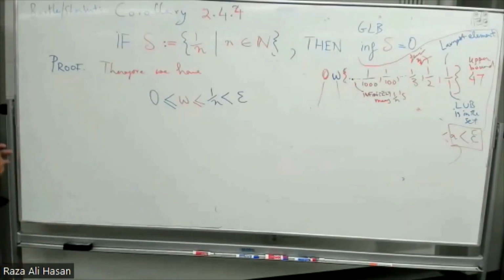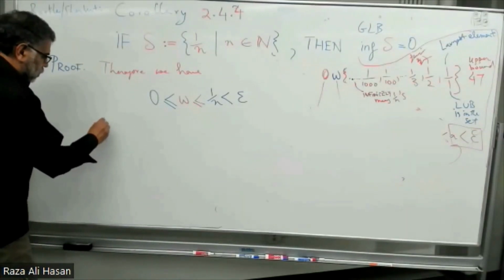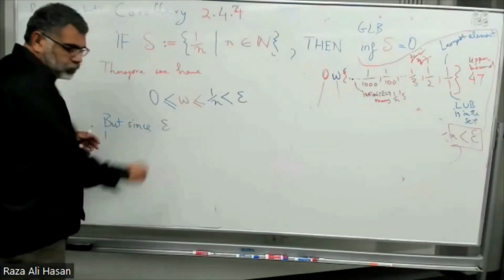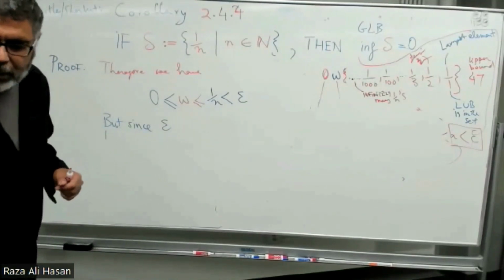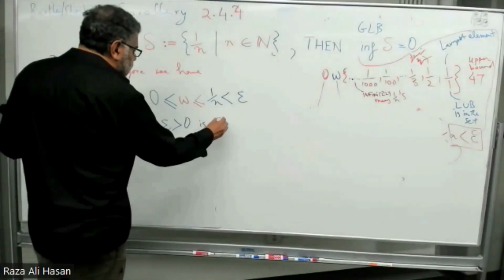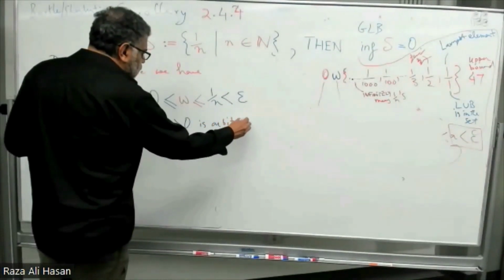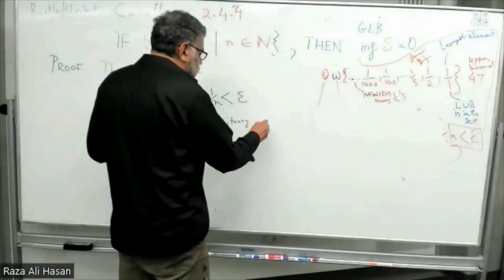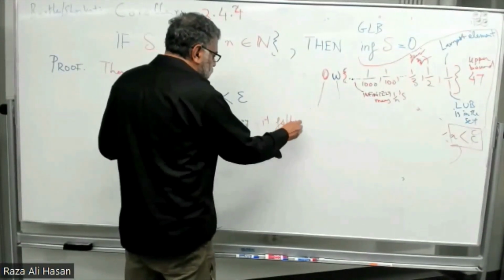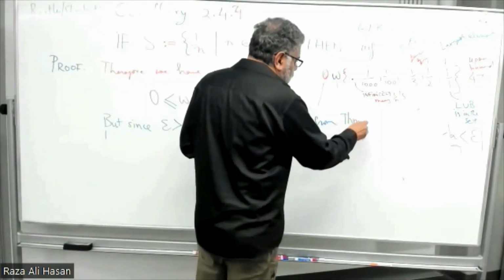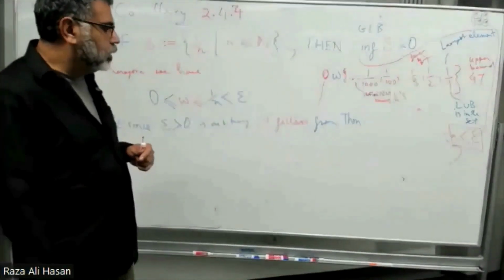And since epsilon greater than 0 is arbitrary, it follows from, now that theorem comes in, that there is no smallest real number.